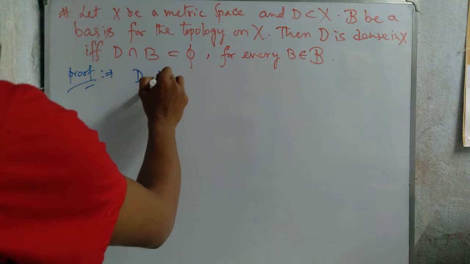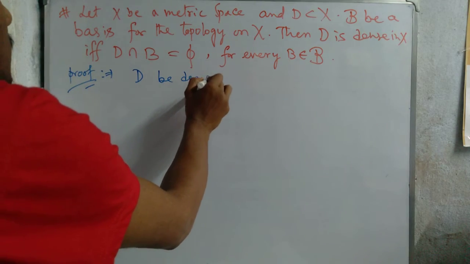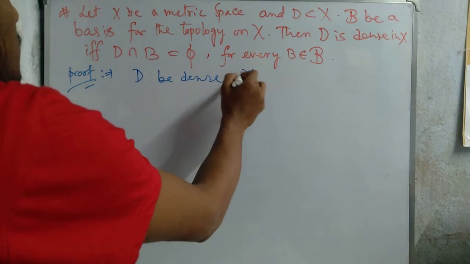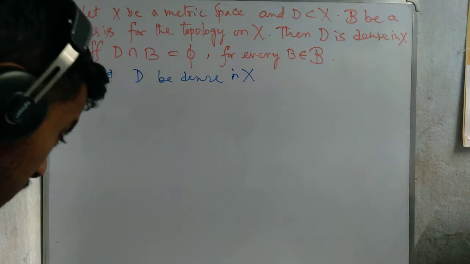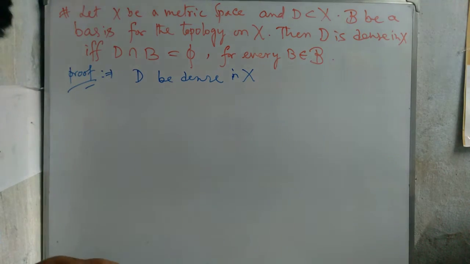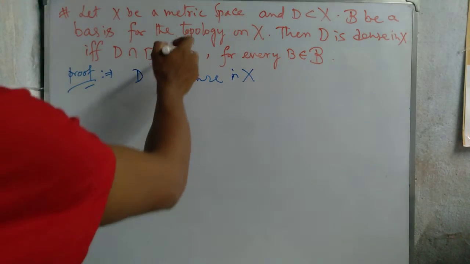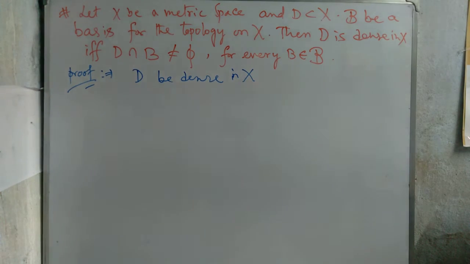Now given that D is dense in X, what do we have to prove? We have to prove D intersection B is not equal to phi. Okay, then how will this happen?